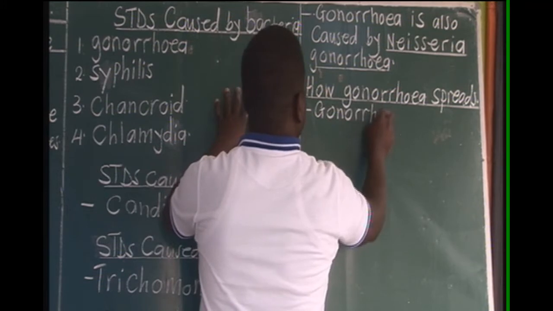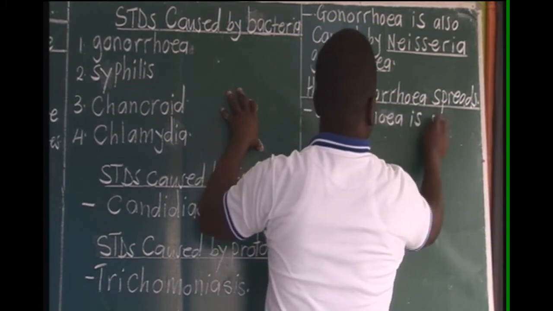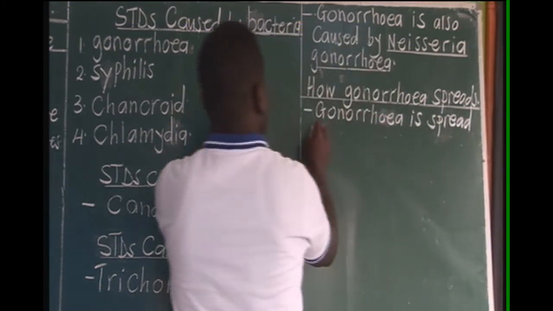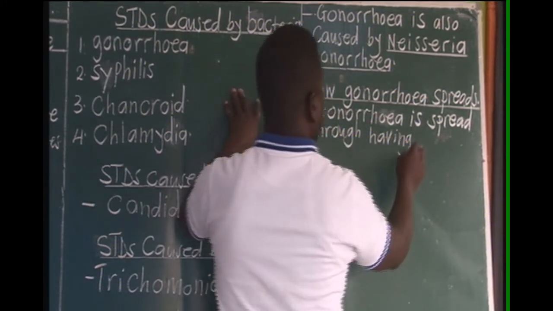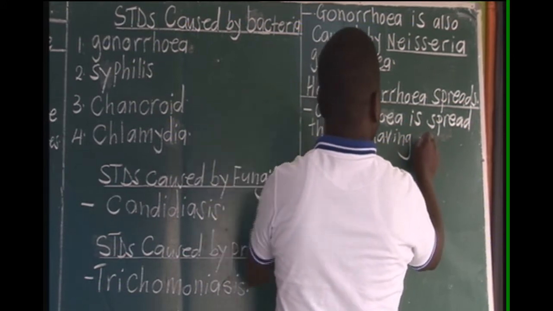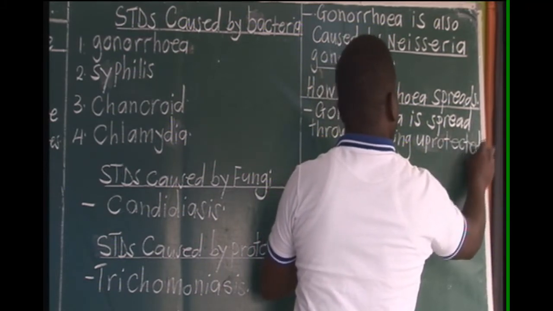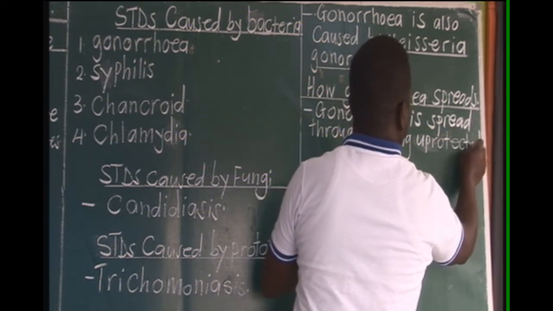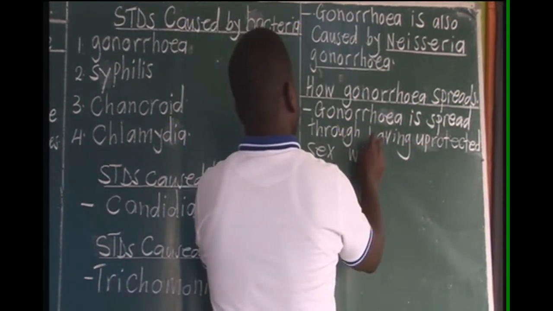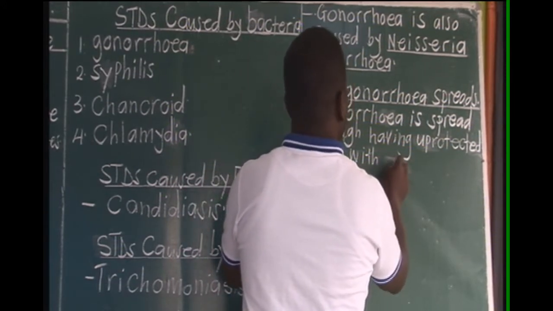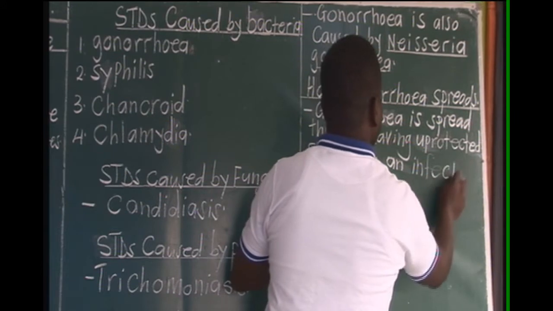Gonorrhea is spread through having unprotected sex with an infected person.